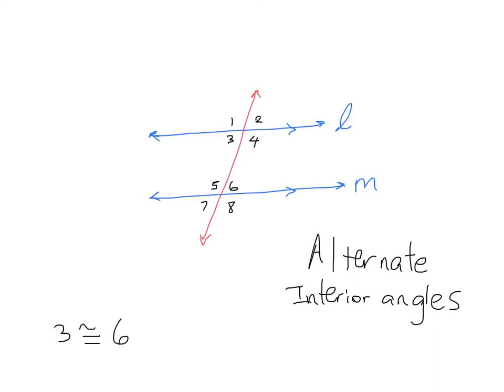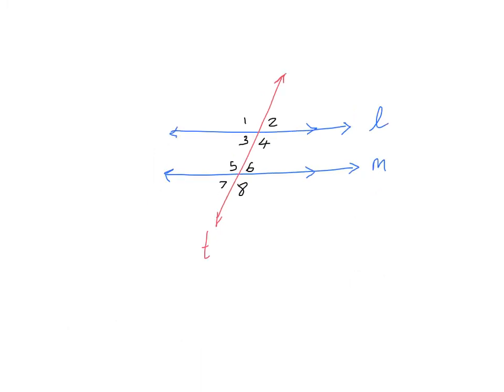We also have another pair. What are the other interior angles? Well, if you said 4 and 5, you are correct. 4 and 5 are also congruent because they're alternate interior angles. Okay, so how about alternate exterior angles?